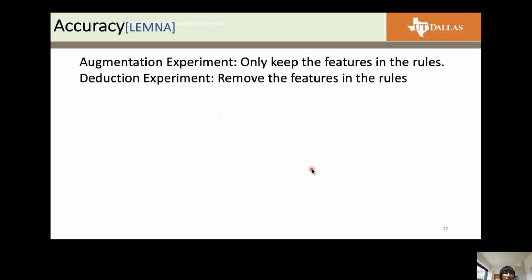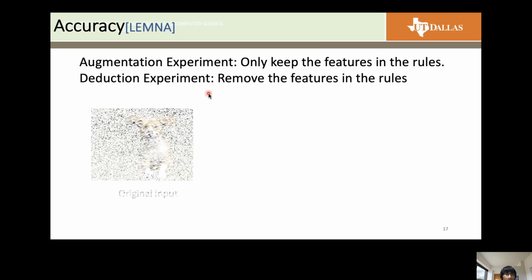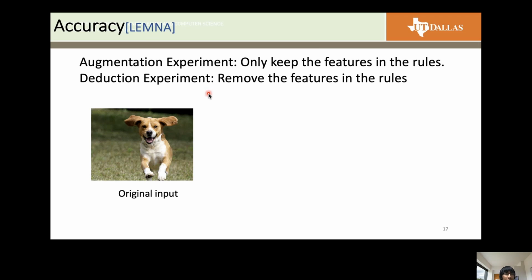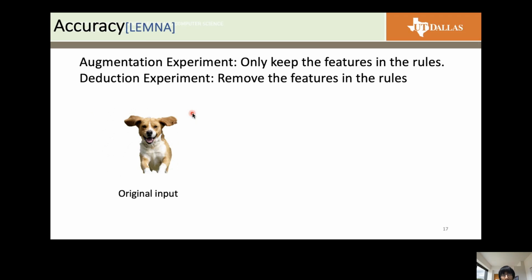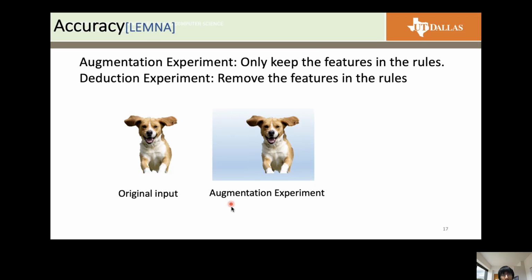Finally, we evaluate DENAS from the perspective of accuracy. We follow the existing work LEMNA to design an augmentation experiment and a deduction experiment. Let's use an example to explain these 2 experiments. Given an original input, DENAS would first identify a rule this input satisfies. Then for the augmentation experiment, DENAS creates an input which only keeps the feature values in this rule.